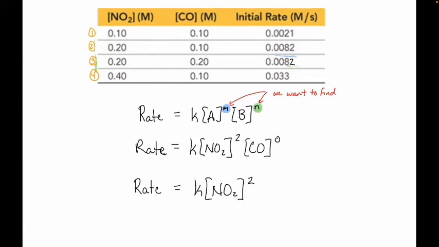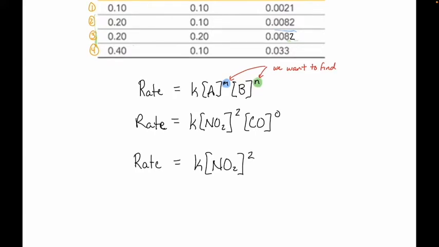So in the real world, what you would do is analyze each data point and then average them together. For our purposes, for not trying to take forever to answer a simple problem, we'll just pick one. Pick one and roll with it. You'll get the same value as long as you round to the correct number of sig figs. So I'm just going to pick that first one because it's right there. 0.0021 was the rate. The k is what I don't know.